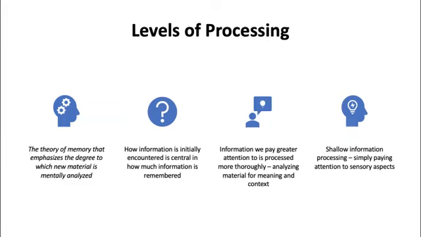Rote memorization results in the information being processed at a much more shallow level. You're just trying to memorize these terms, but you're not looking into the context or the meaning or further investigation of those terms. You're just memorizing a list, and so you're less likely to process those at any depth.